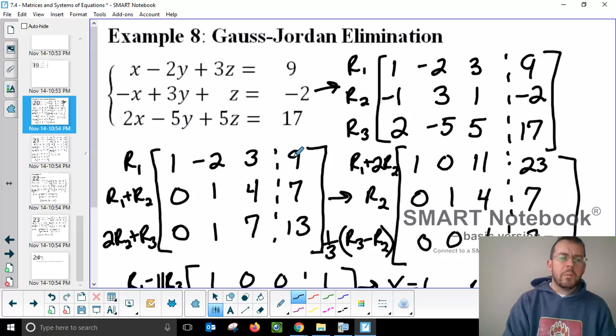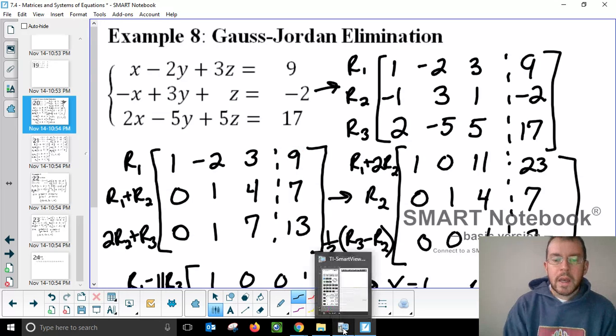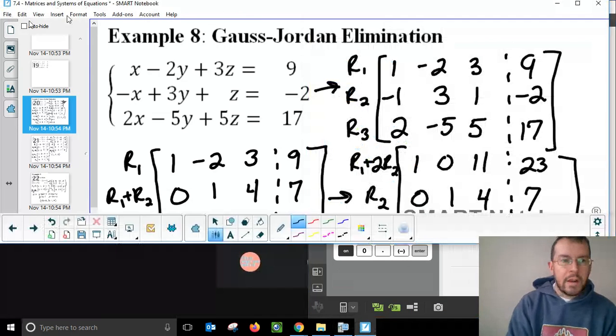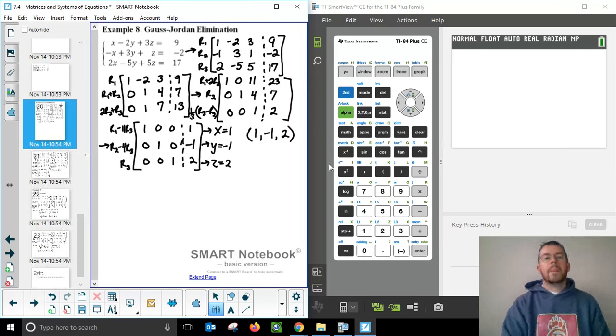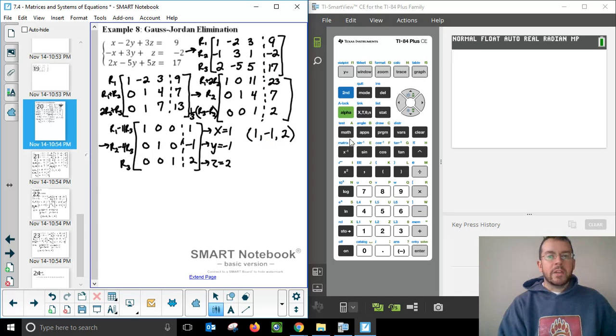All right, now before we completely stop here, I do want to actually show you how your calculator can do these things very efficiently. All right, so we'll just go back and take a look at this first one that we did. All right, and we already put it in the augmented matrix here.